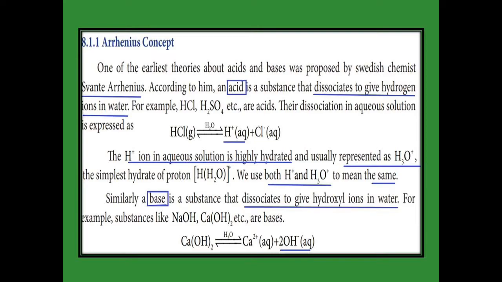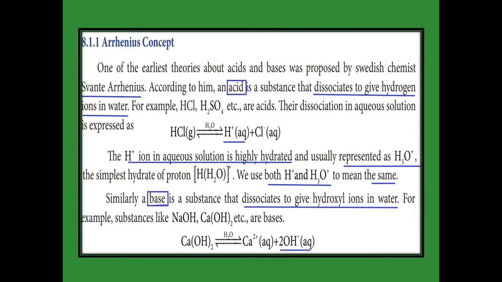So we represent it as H3O plus, or the simplest hydrated proton is H2O in square brackets with a plus symbol above the bracket. But both H plus and H3O plus are accepted, both are the same. And as per the Arrhenius concept, what is base?